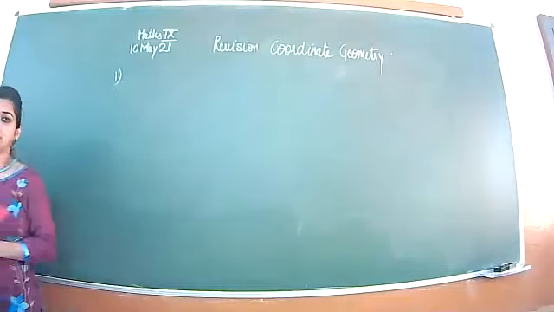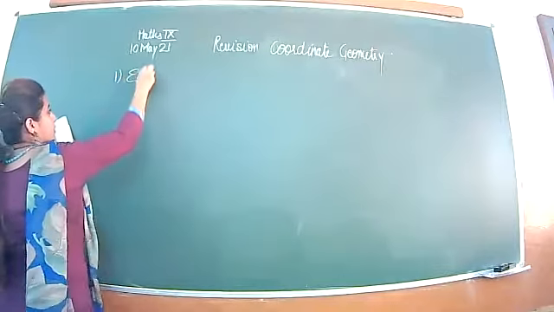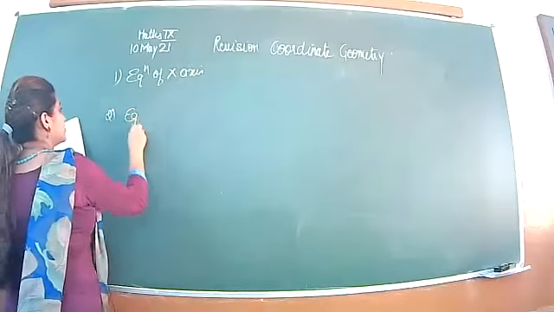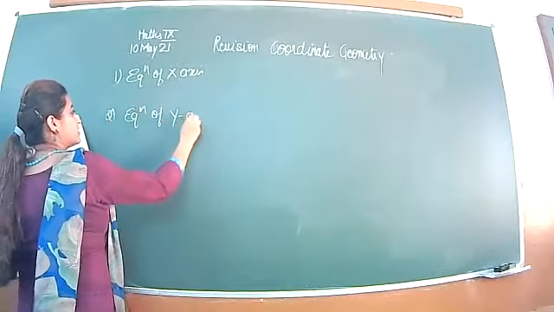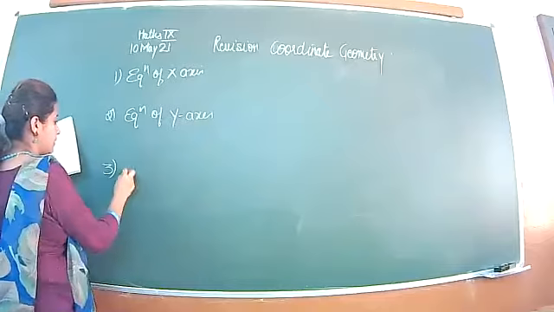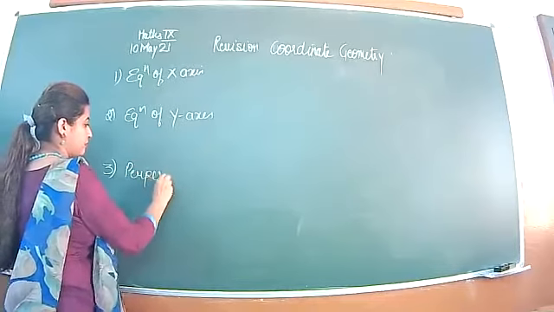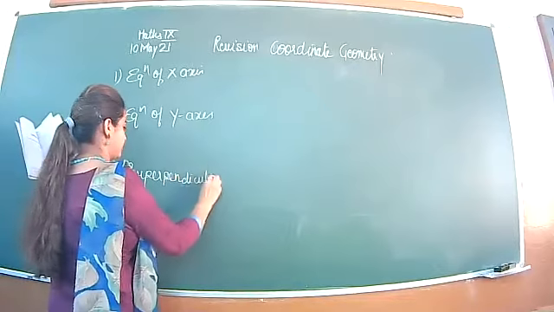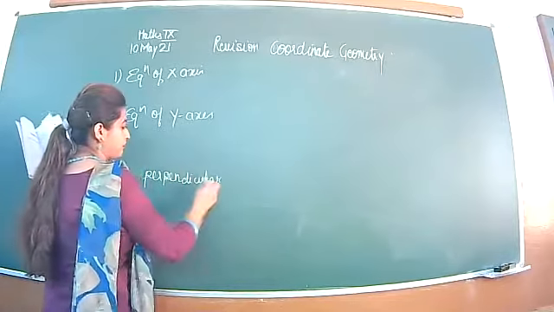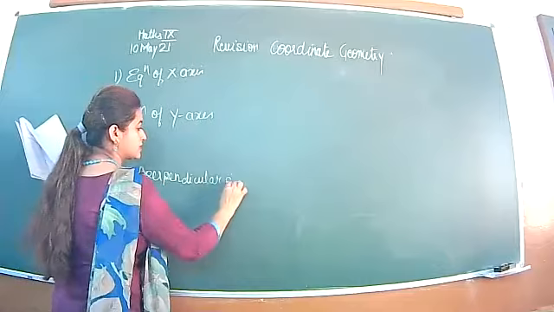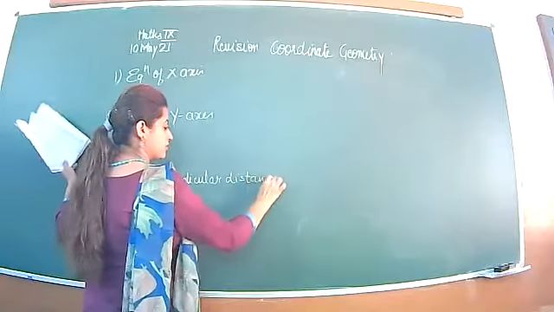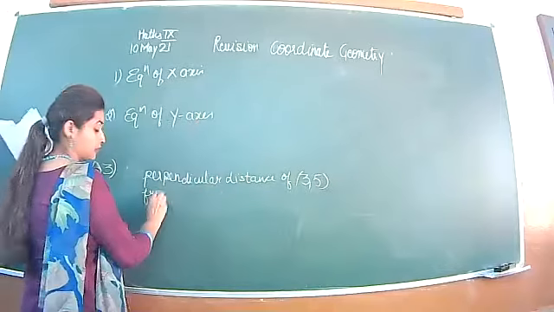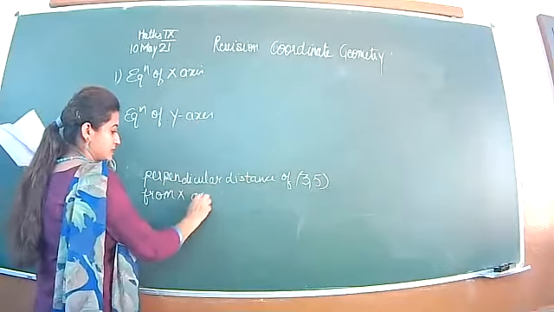First is the equation of x-axis, equation of y-axis, perpendicular distance of 3,5 from x-axis.